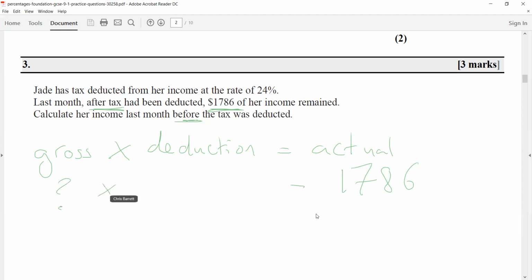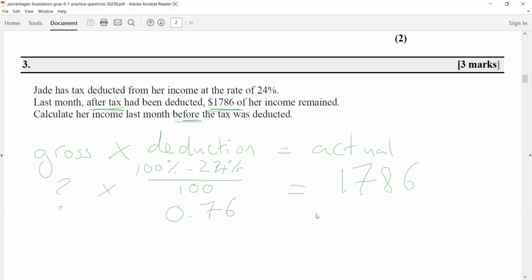Okay, so this deduction would be 100% subtracted off 24%, and I need to then divide that by 100 to give me a decimal. So 100 subtract 24 is 76, divided by 100 gives me 0.76. Okay, so what Jada actually ends up with is 76% of her gross amount of money.